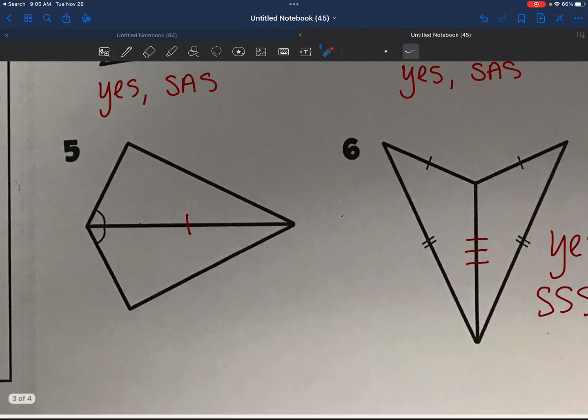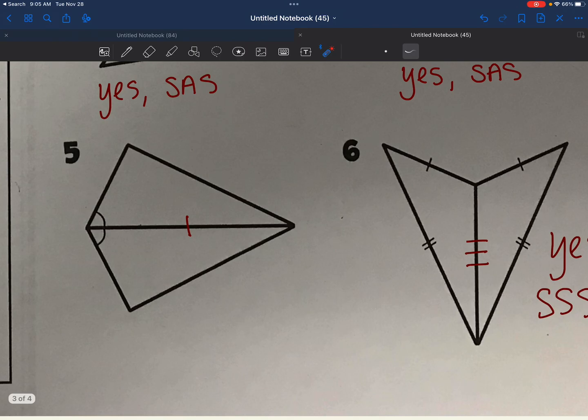Okay? What about the last one? No. Why no? Because all we know on this is this one side is congruent. Now, if this had double marks, would it work? Yes, but it doesn't, so we can't just assume that, so this would be no. Okay?